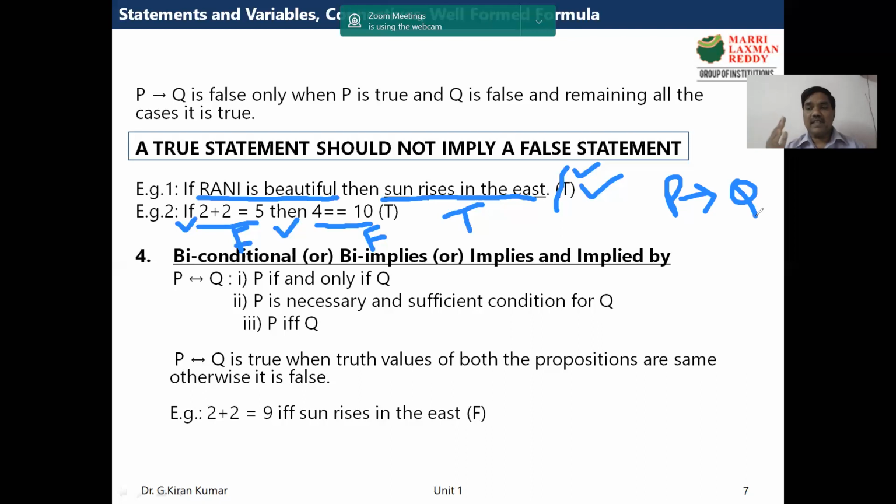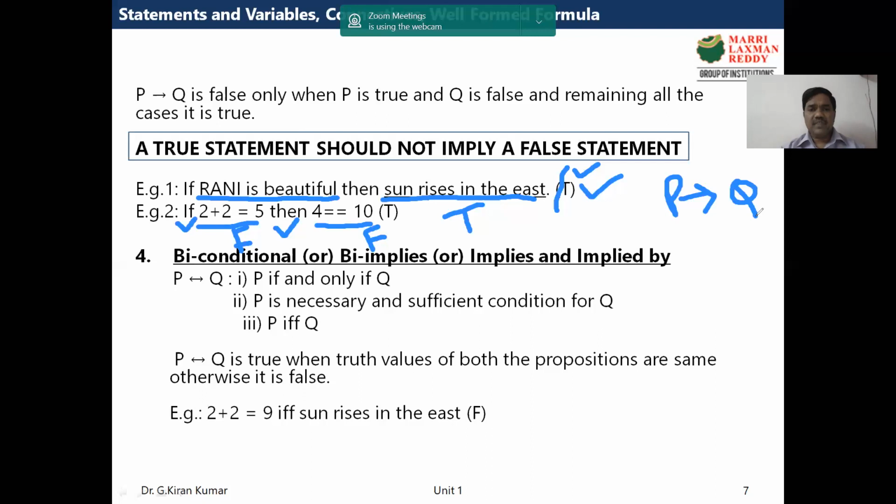The different cases are false, false and false, true. In these two cases, the implication is true. So the implication is a little tricky. You should understand these two cases. If Q is true, don't bother about P, it is always true. And second, if P is false, don't bother about Q, it is always true. So this is all about implication.